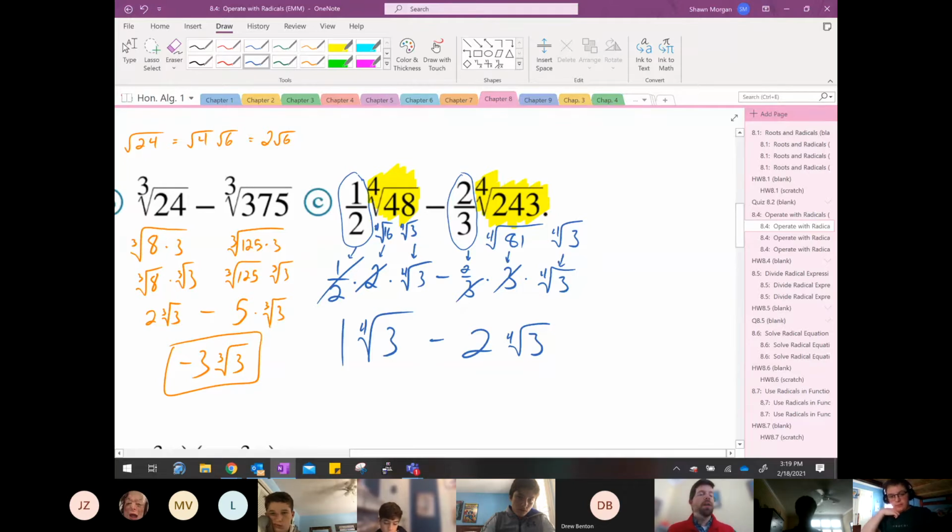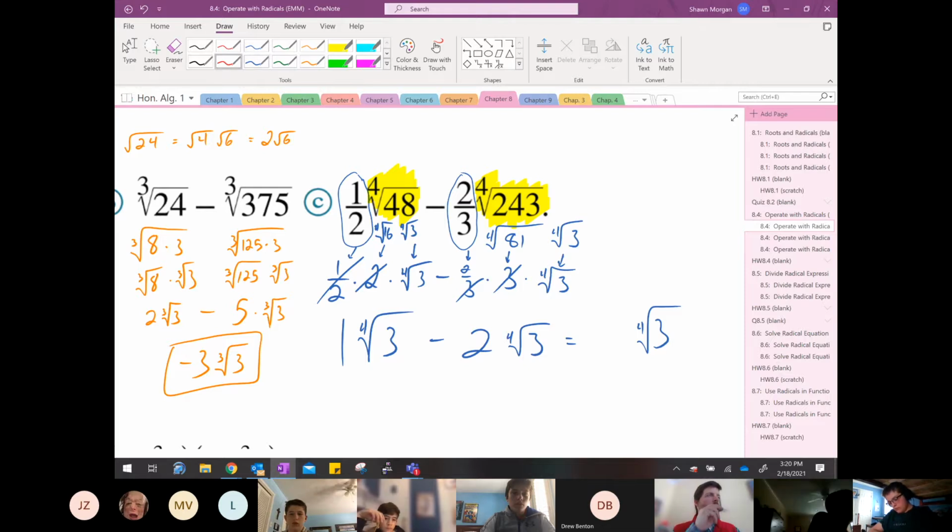And so I'm going to take their coefficients now. If you don't see a number out in front, it's implied to be 1. So James, what would my resulting coefficient be? What do you think, James? James Jacobs, can you hear me?